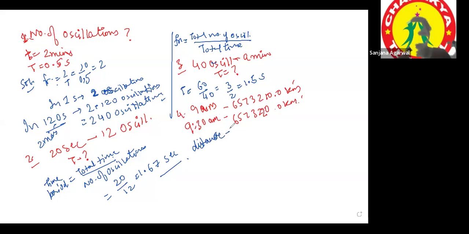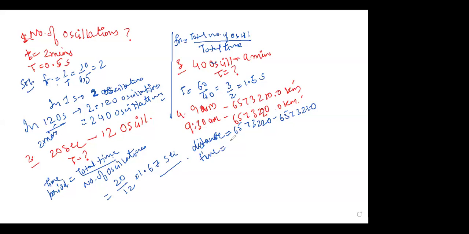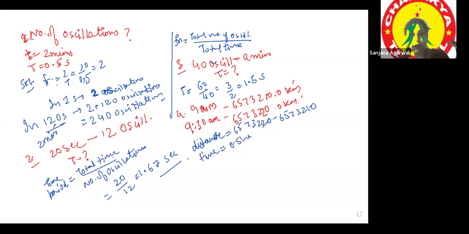Distance covered is the reading of odometer at 9:30 a.m., means the final reading, 6573220 minus 6573210. The distance covered should be the difference between the two readings, and time taken is half an hour, 0.5 hours.